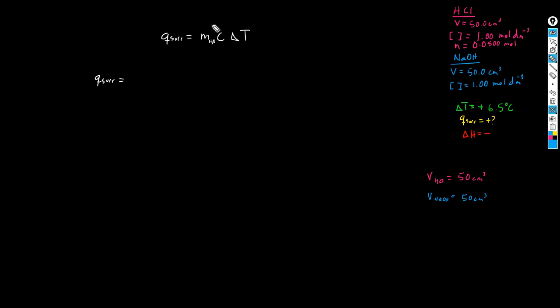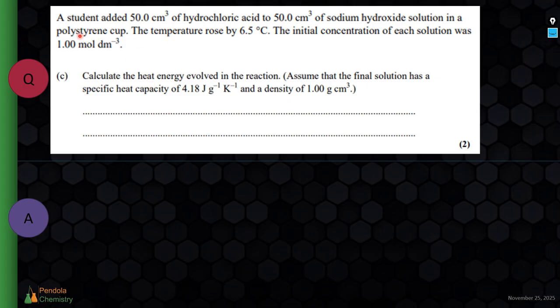Then what is the mass of water? Where does the mass of water come from? Well, if we remember what we talked about earlier, the volume of HCl and NaOH are going to be mixed together. And it says so in the question: a student added 50 cubic centimeters of hydrochloric acid to 50 cubic centimeters of sodium hydroxide.